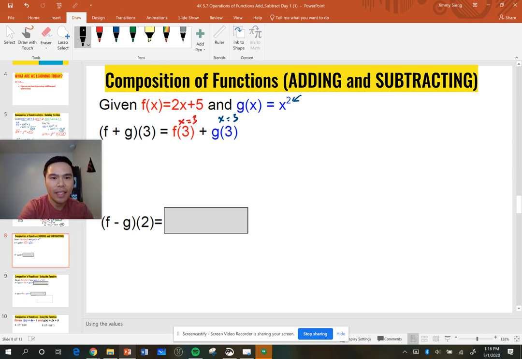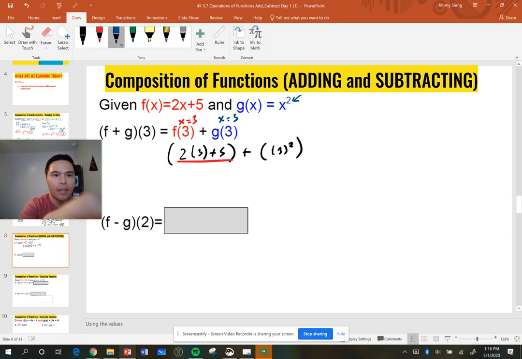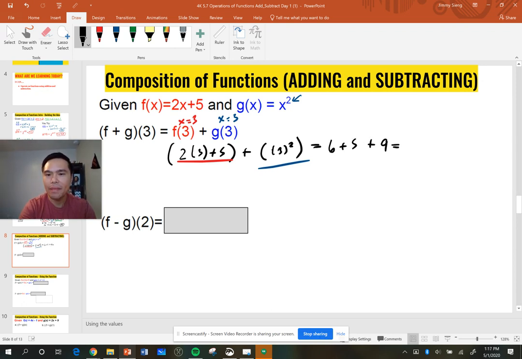I know I keep saying that, but I really want to be good with time. All right, so that's your first group, plus your second group, which is going to be 3 squared. That's the g function. So that just gives me 6 plus 5 plus 9. Combine all of that, 11, that gives me 20, right?